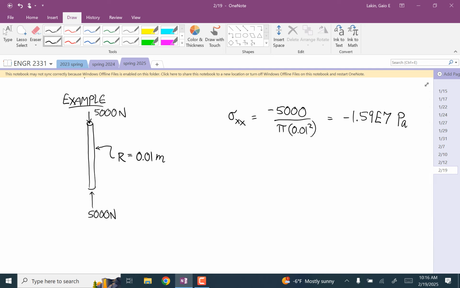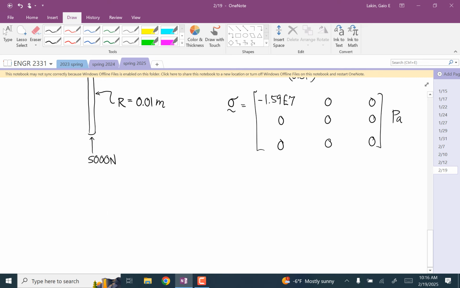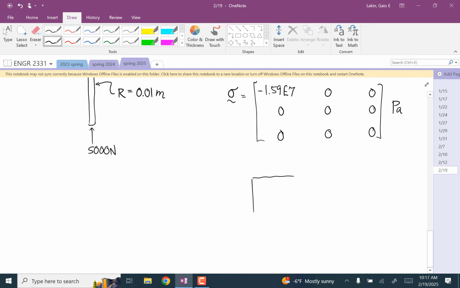Okay, so the stress tensor here is negative 1.59 times 10 to the 7, zeros everywhere else. This is in pascals. And then to draw the corresponding stress cube, just because of the way I chose my axes to be directed and the way we usually draw the stress cube, it's actually going this way, 1.59 times 10 to the 7.